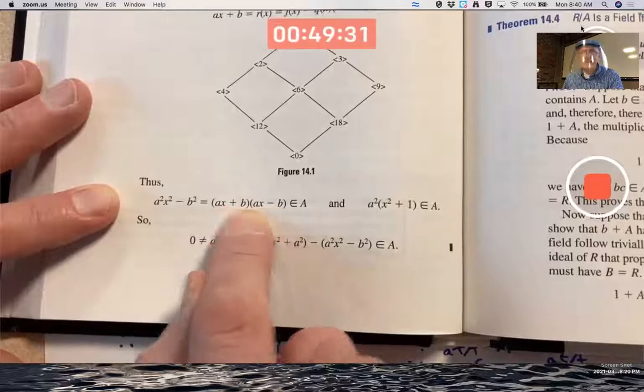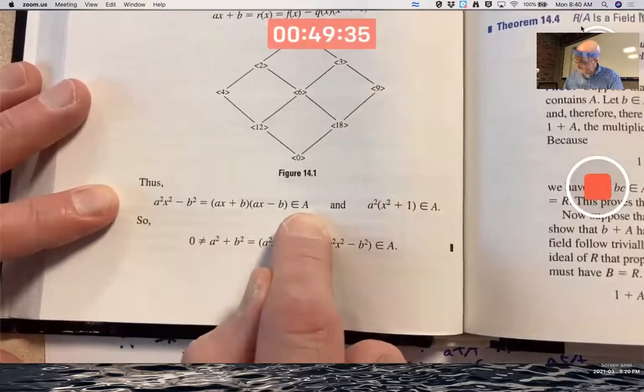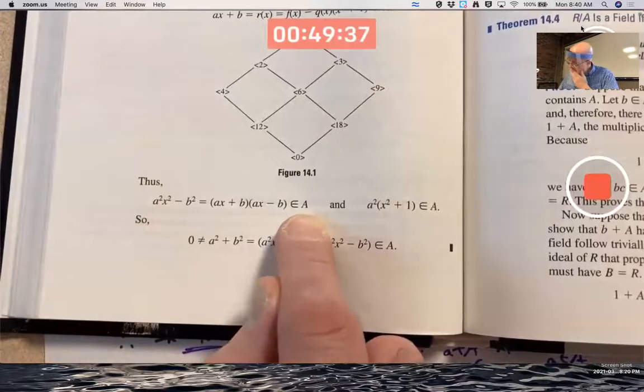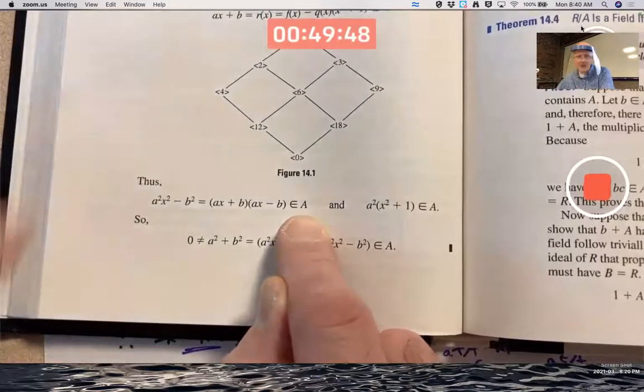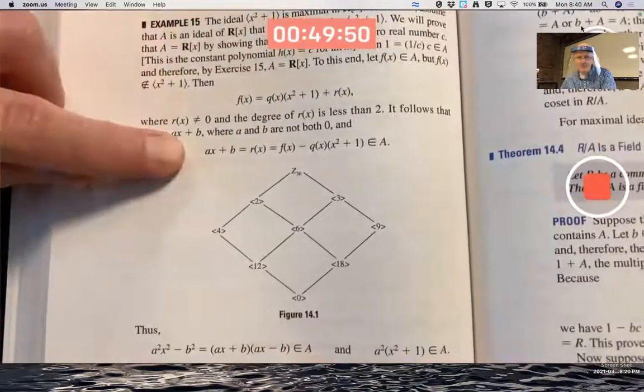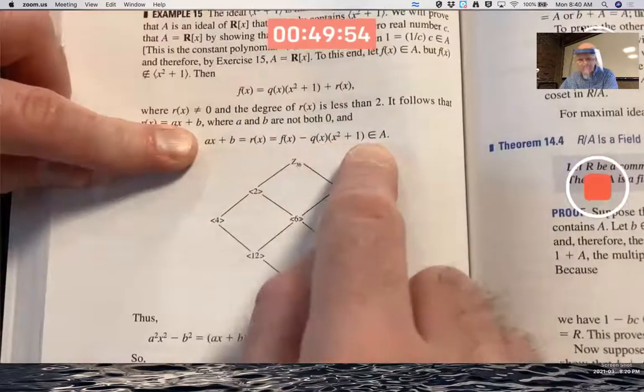This product is certainly in A. Why? Oh, because of what they set up here, up by this line right here that I feel a little confused about still.